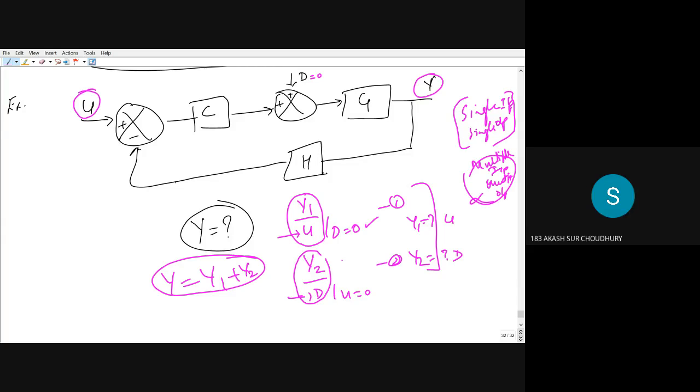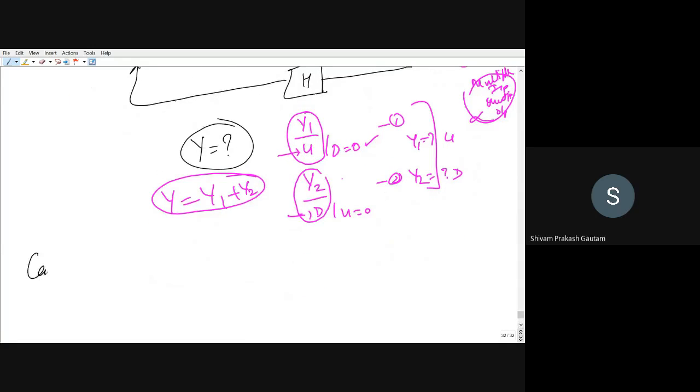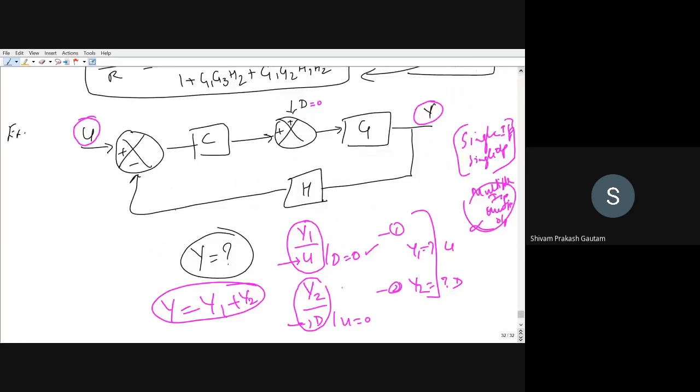Okay. So the first case, case 1: we will consider d is equal to 0. If d is equal to 0, this summing point will vanish, so we will have no summing block. We have seen this problem in the morning class, so y1 by u we can directly write.